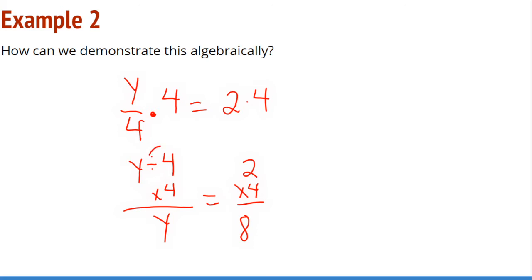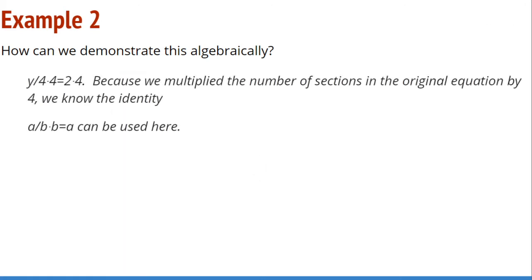And I know that these two things right here are going to negate each other, just like if I wrote them out this way. And I've just got the y.